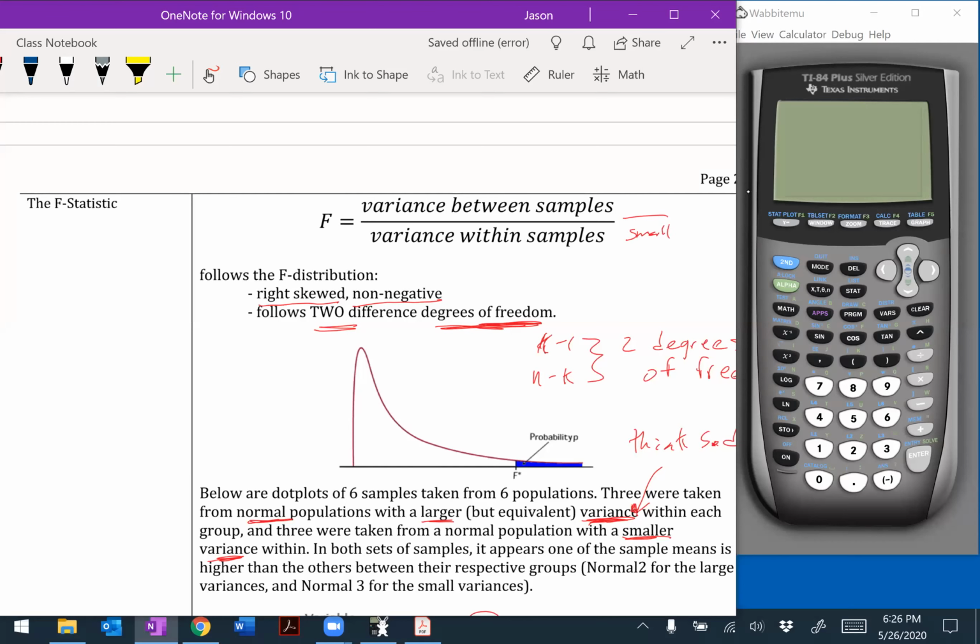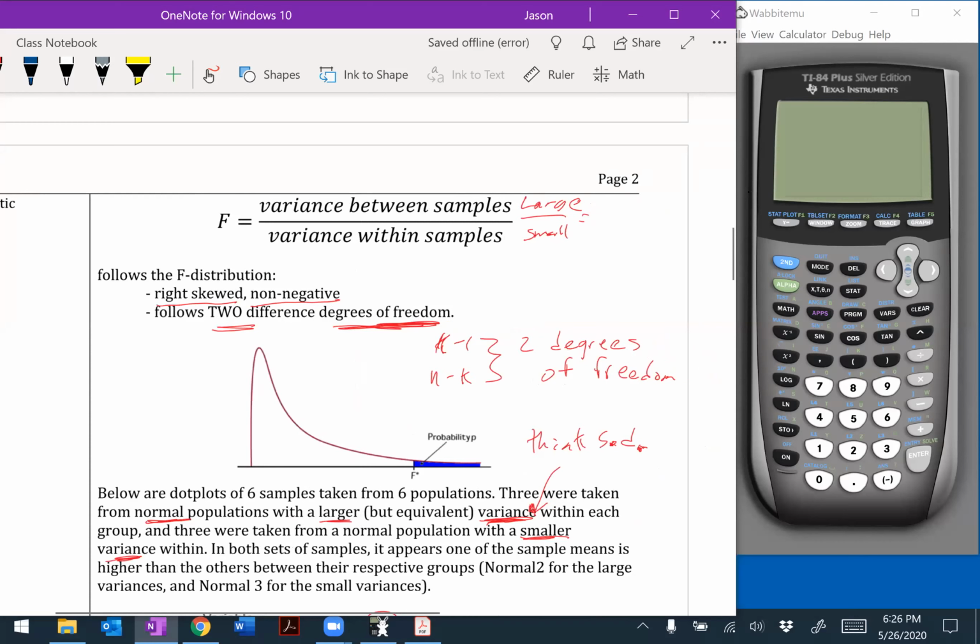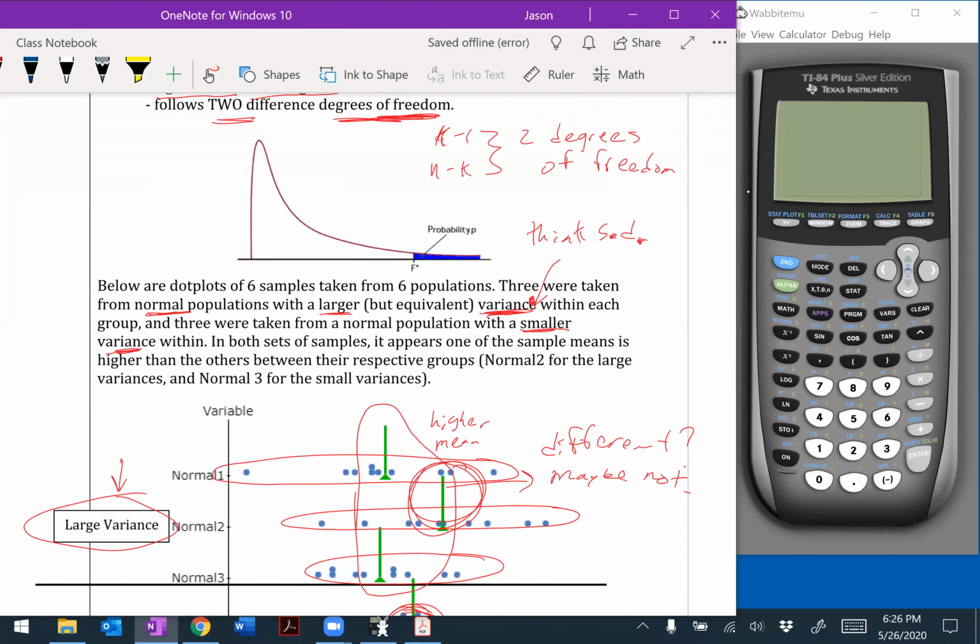I'll make this be large. If the variance between samples is much larger than the variance within the samples, then the F statistic is large. A large number divided by a small number is a large number. And that means that my p-value will be very small. So we would reject the null, that there's definitely a difference.